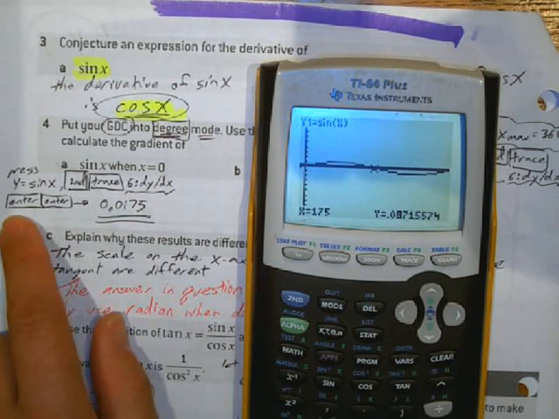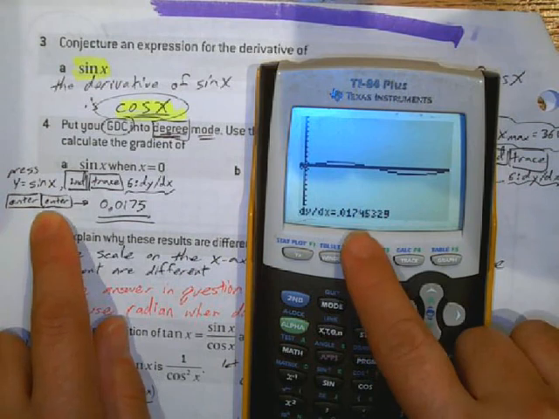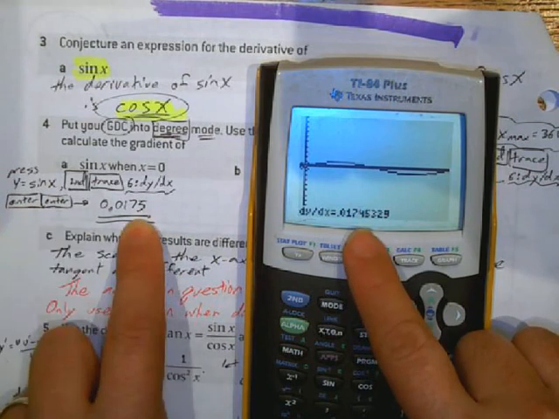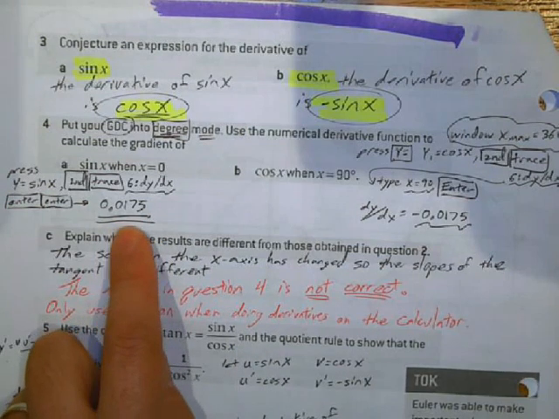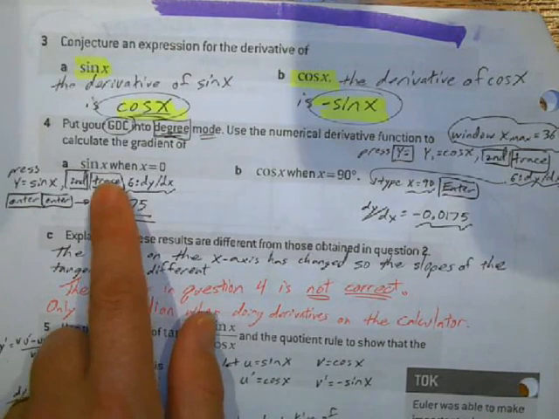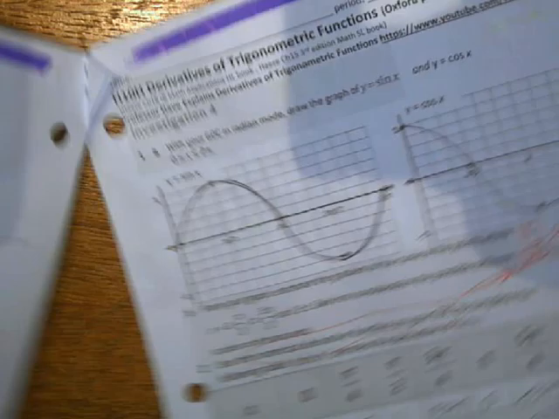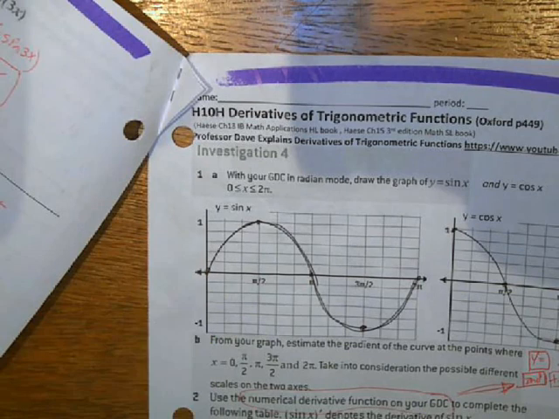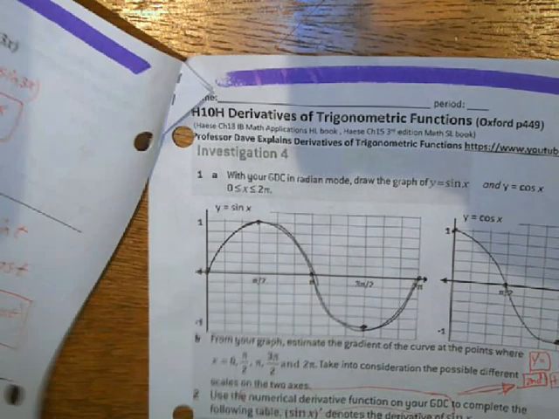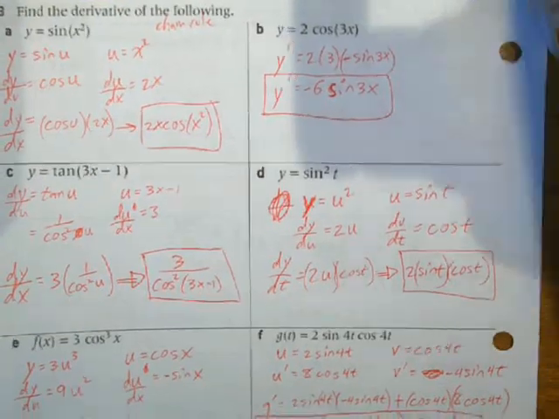If I hit 0, enter, it tells me that the derivative is 0.175, which is not correct, because we know for the sine wave, when x is 0, the slope is supposed to be, well, that's not correct.